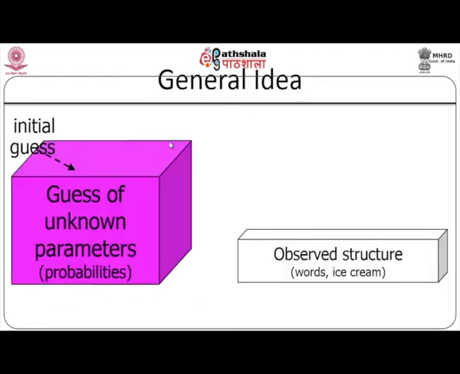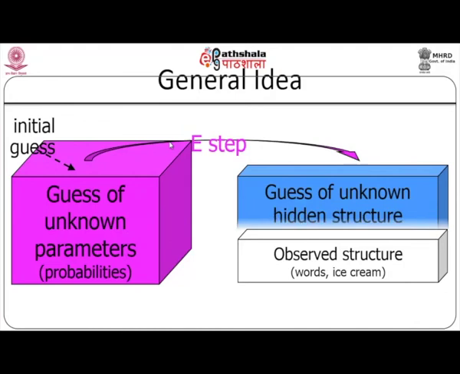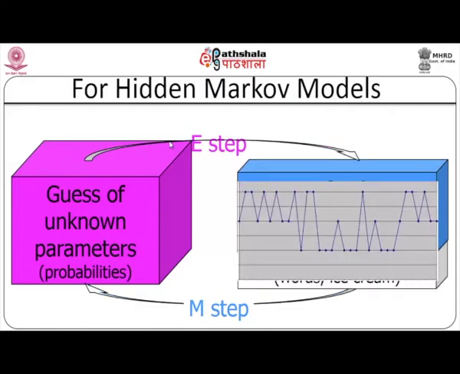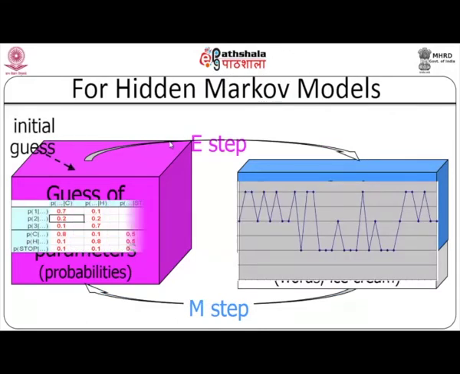So, let us assume you have an initial guess at the unknown parameters, which could be probabilities. Using that, you try to find the unknown hidden structure, which could be tags. What is observed are the words of the sentence in the case of POS tagging. That is given. Given that, you do the M step, where you use these to re-estimate the probabilities.